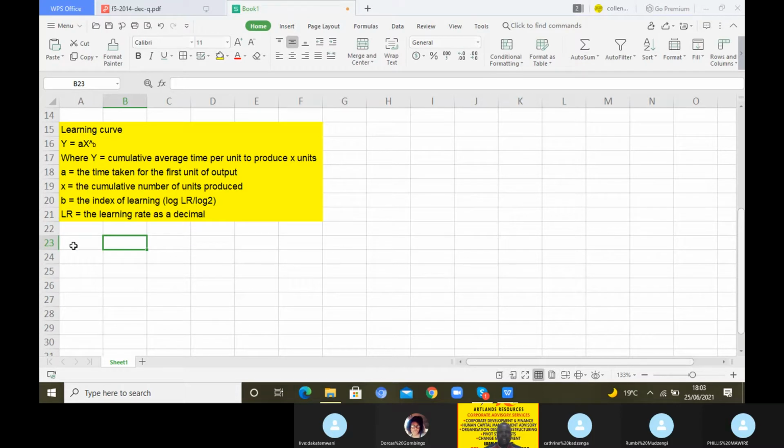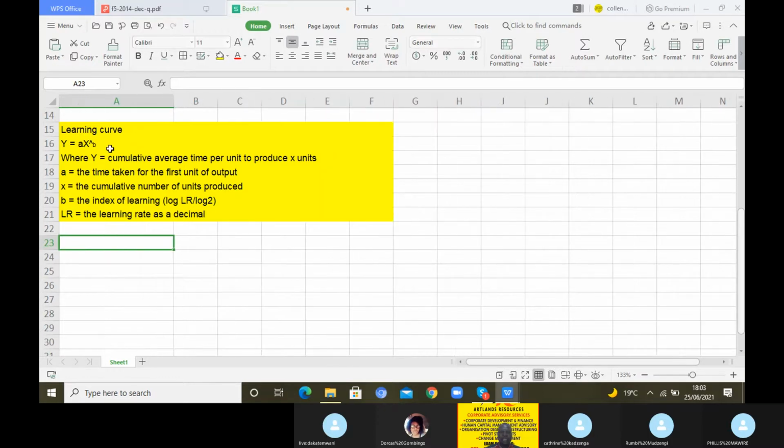Okay, so let us have this tabular presentation. We just want to prove if this formula holds true. So let us have an example here.